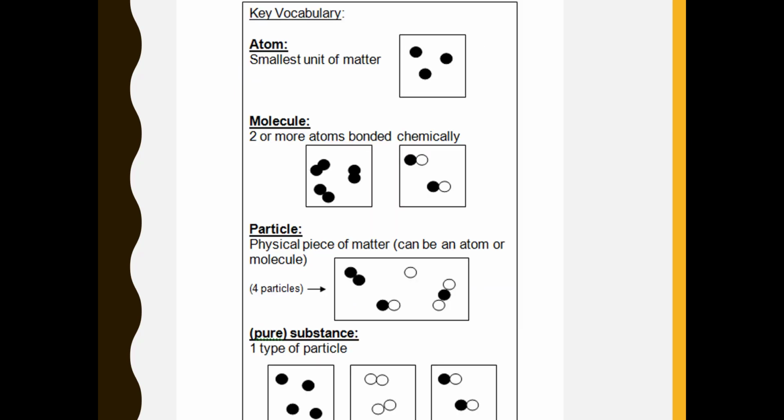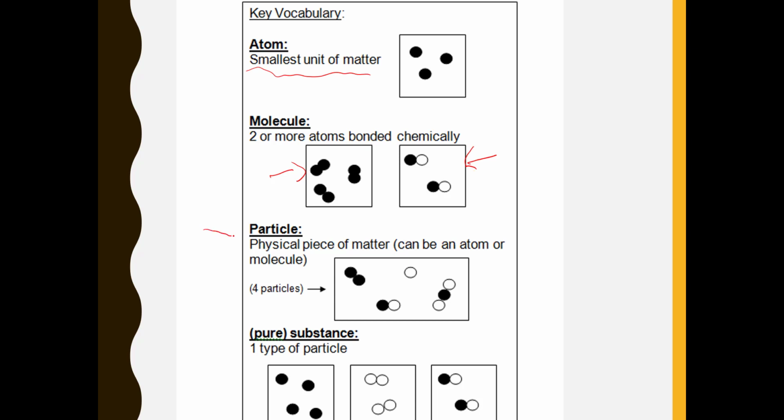So the key vocabulary that you have to know in order to be successful is that an atom is the smallest unit of matter. A molecule is now two or more atoms bonded chemically. You can have diatomic molecules made up of the same element, or you can have them made up of different elements. And then you can have particles, which is just a physical piece of matter. It can be an atom or a molecule.